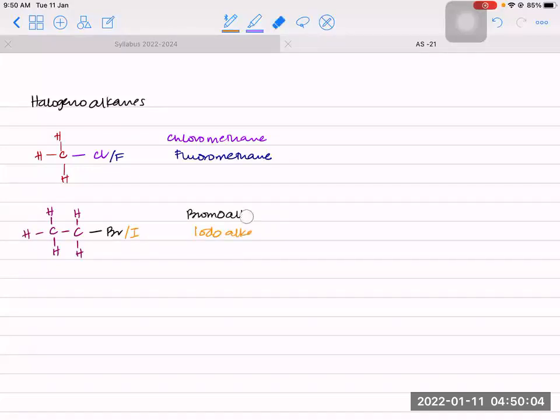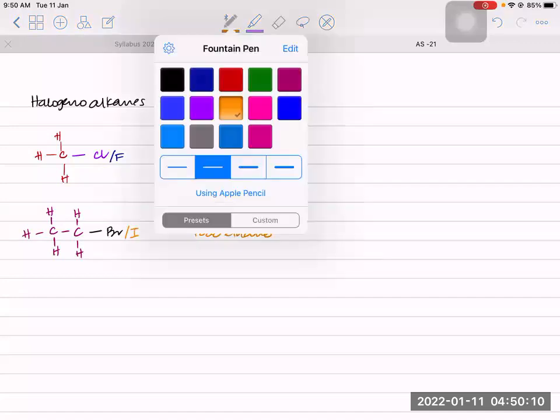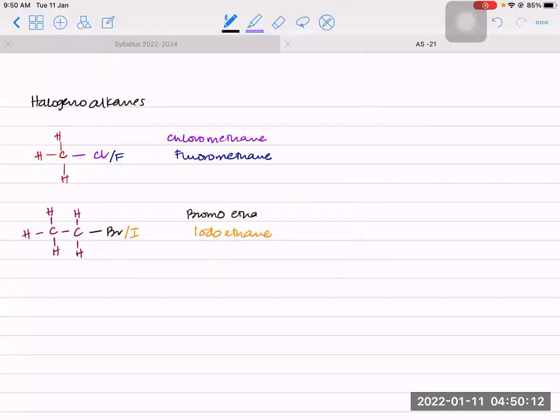Sorry, not alkane, ethane, because it's two carbons. So this will be called iodoethane. This would be called bromoethane. Do you see R groups attached to a halogen is what gives you halogenoalkane. And that's how you name it. The halogen first and then the name of the alkane. Clear?